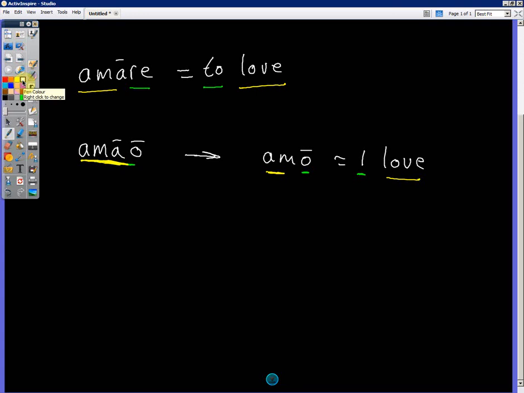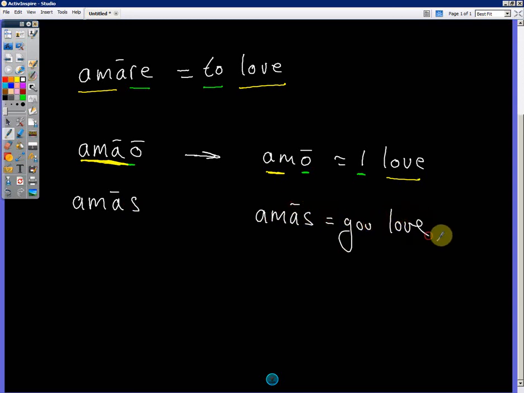Okay, let's take it to the next stage. So I love, well, we can say ama, there's the love bit, and we can put an S on the end. Amas, it's pronounced, and that stays exactly the same, because amas means you love. Once again, we're noticing that amas is one word in Latin, but two words in English.